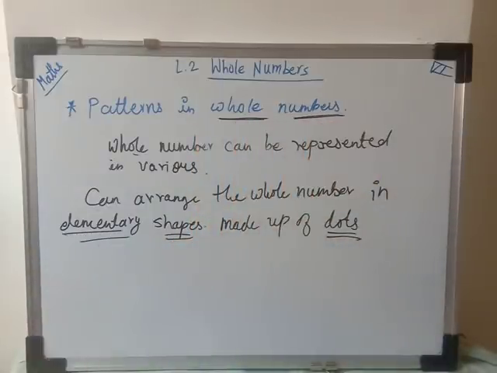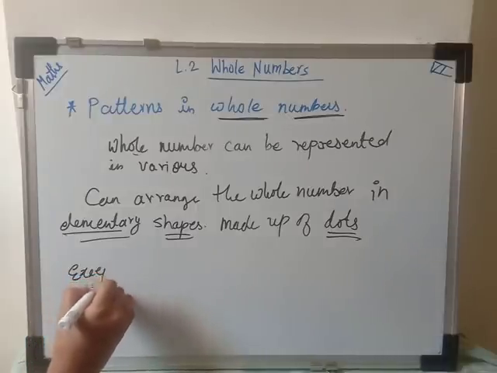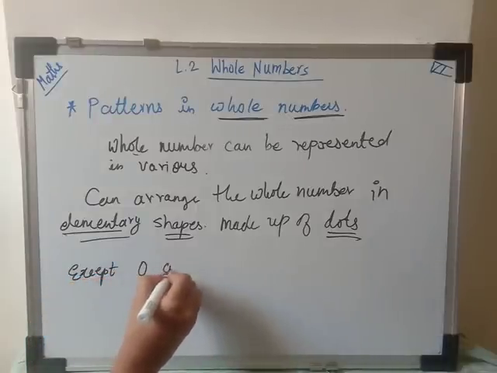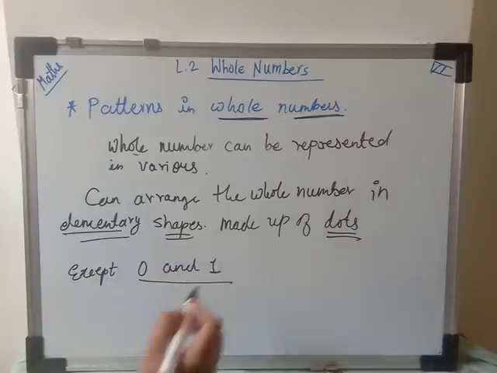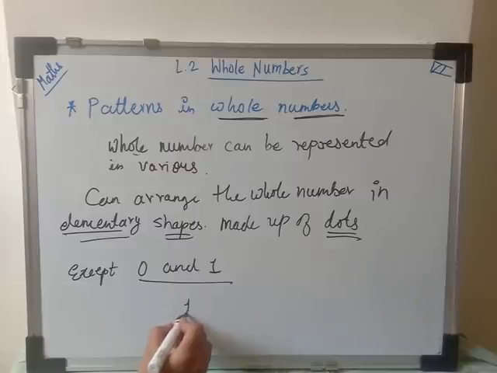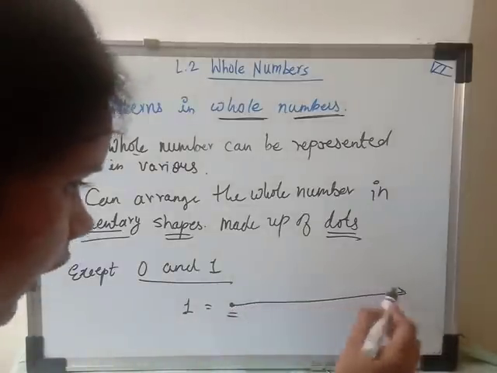So with the help of dots we are going to make elementary shapes of whole numbers. One more important thing: except 0 and 1, we can use 1 to make one shape. If we use a dot for the 1, we can make a line, but that line will extend.